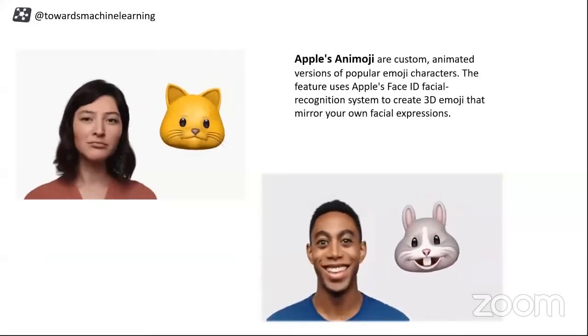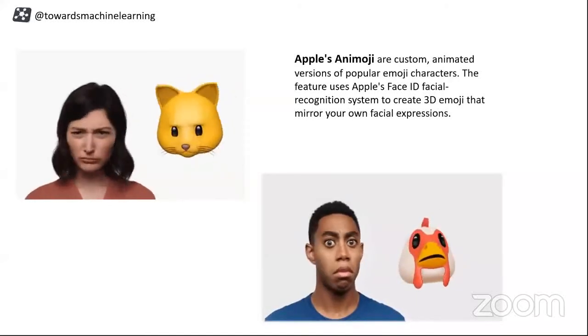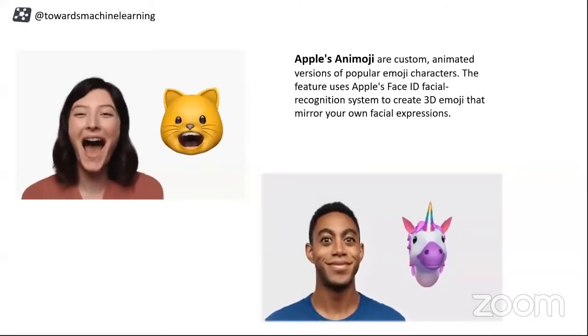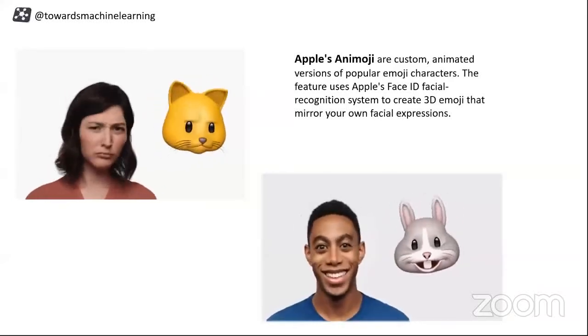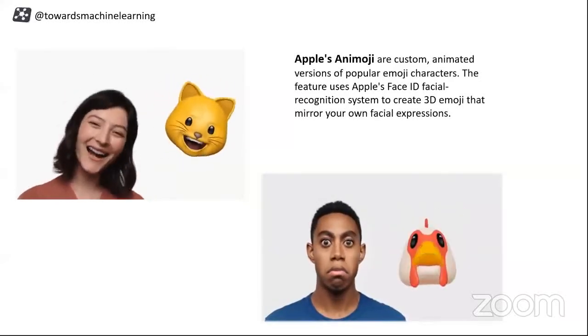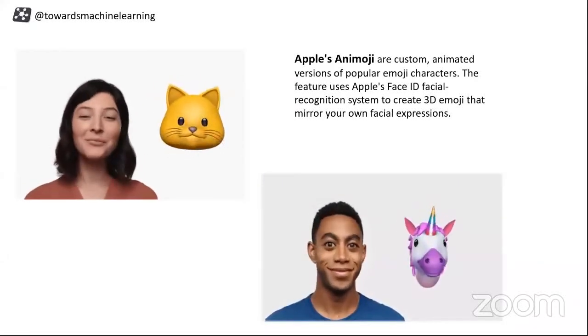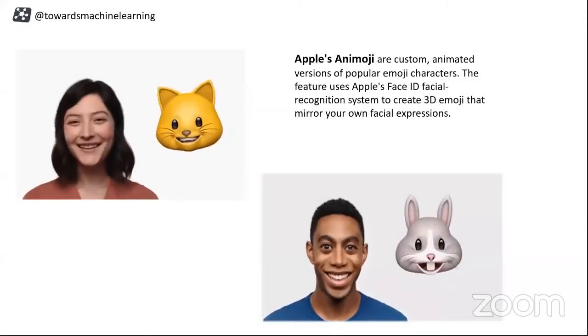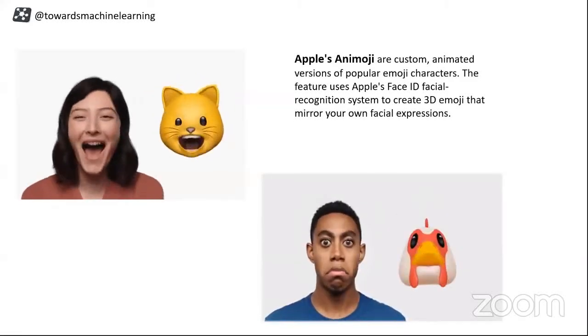This kind of thing can also be done using object detection. They should be able to detect the object, and only after that will they be able to process anything, right? In this scenario also, they first detect the face, and after that they track your facial landmarks, and that's how they are able to imitate an emoji according to your facial expression.